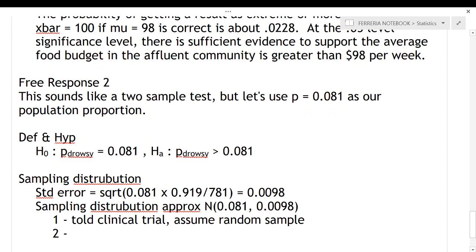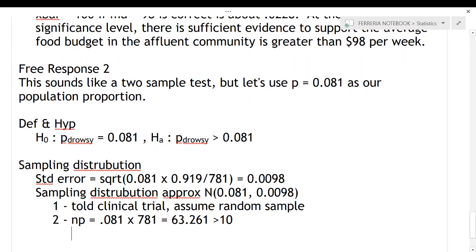Number 2, how do I know that this is a normal distribution? Well, what's np? 0.081 times 781 is 63, that's greater than 10.